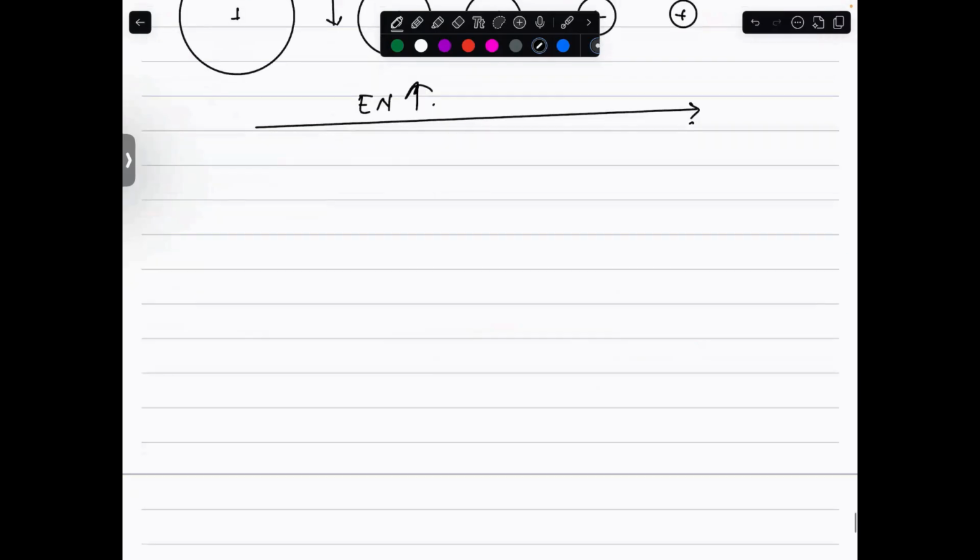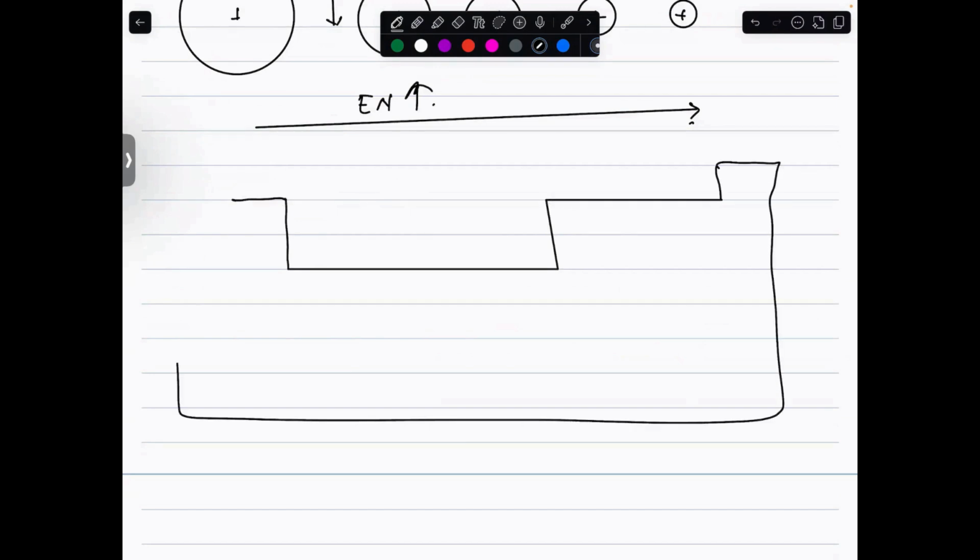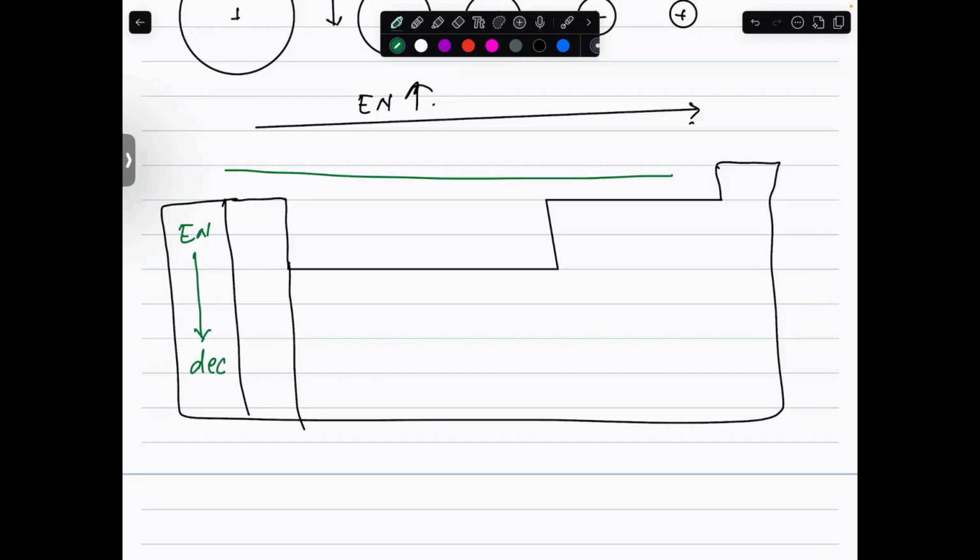So if you look at the periodic table, down the group, the electronegativity decreases.